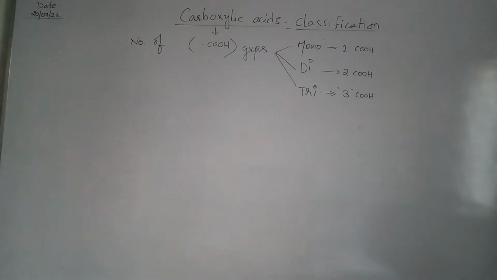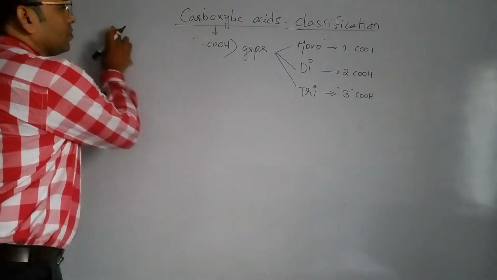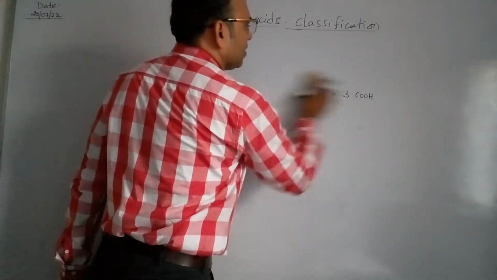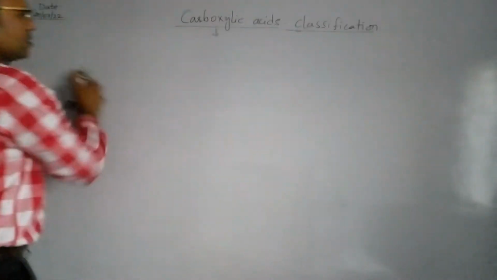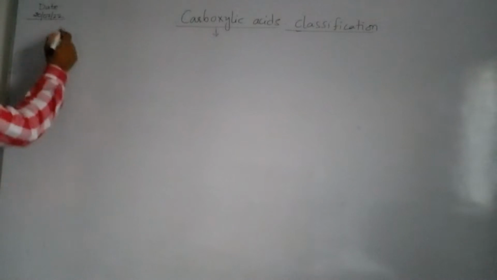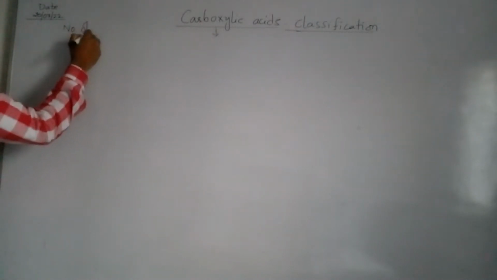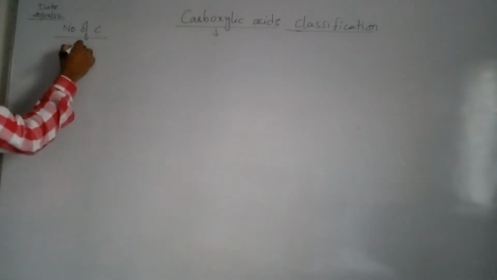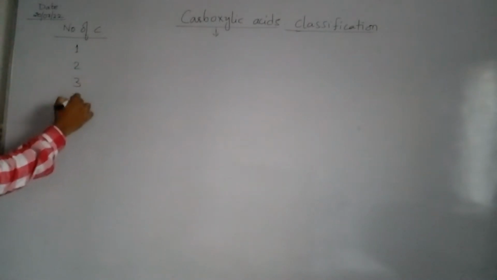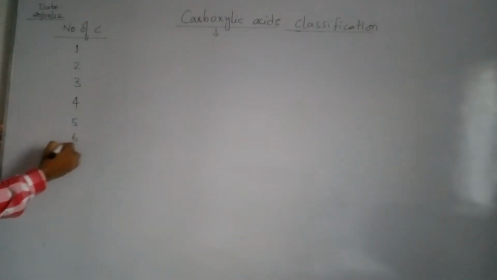Now, to write the structure of monocarboxylic acids, let us see the method. Take the number of carbons: 1, 2, 3, 4, 5, 6.